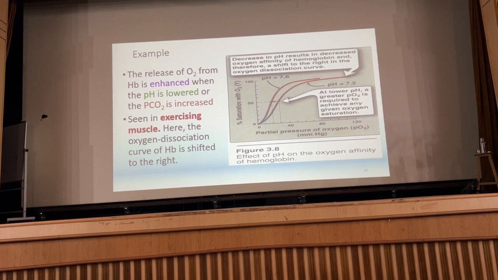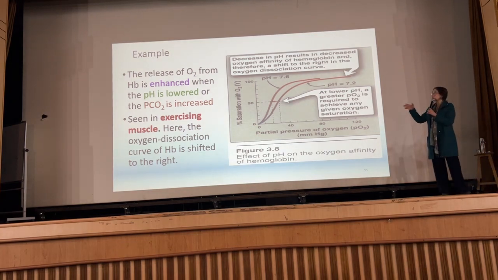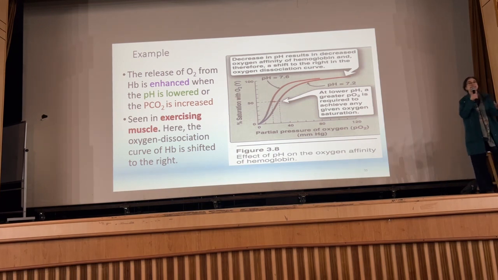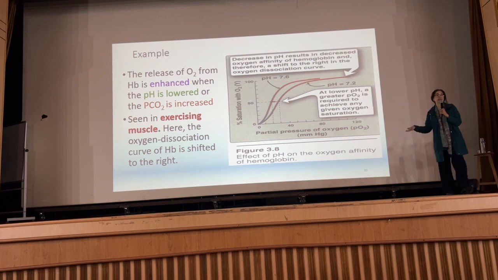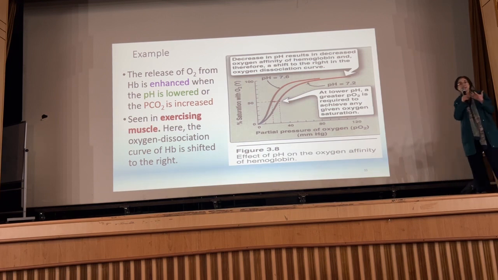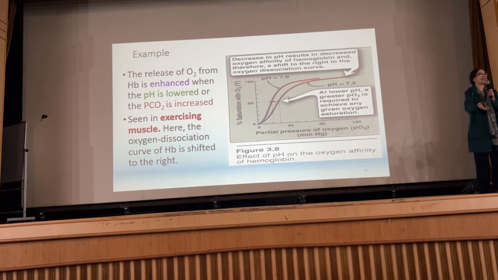So, for example, the release of O2 from hemoglobin is enhanced when the pH is lowered, we said, okay? Or when the PCO2, the pressure of CO2, is increased, so the more CO2. This is seen in exercising muscles. This is what happens in exercising muscles, and this is why the release of oxygen is enhanced.